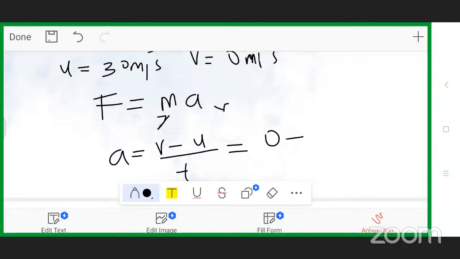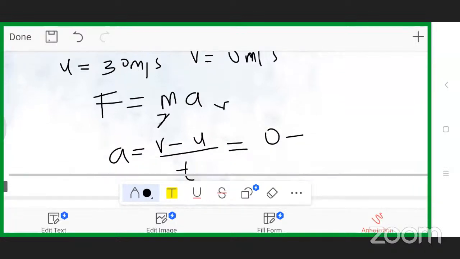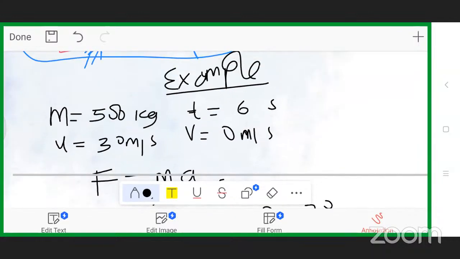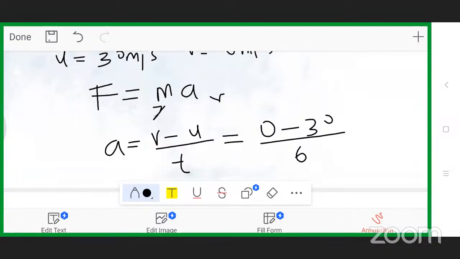It will come with a negative because the body is retarding, or decelerating. So this will give us -5 meters per second squared.